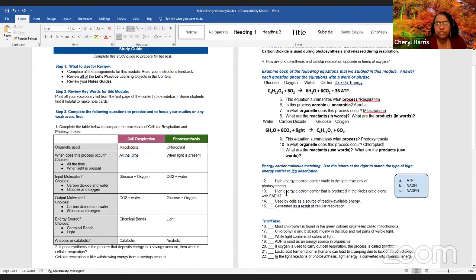For this question right here, we watched a video yesterday on photosynthesis. So we know that there is something called, I'm going to type it in here underneath, the Calvin cycle. Be familiar with the word.